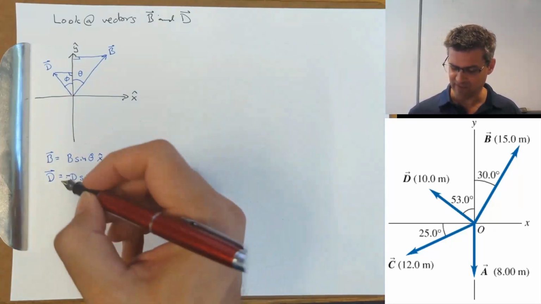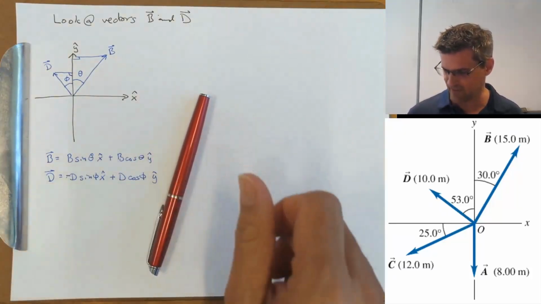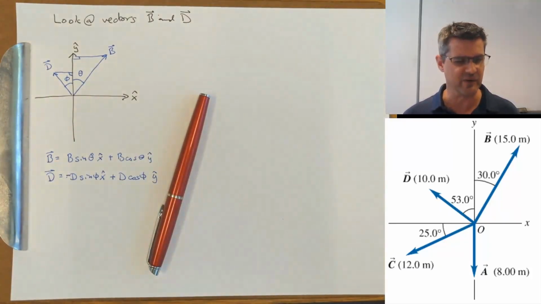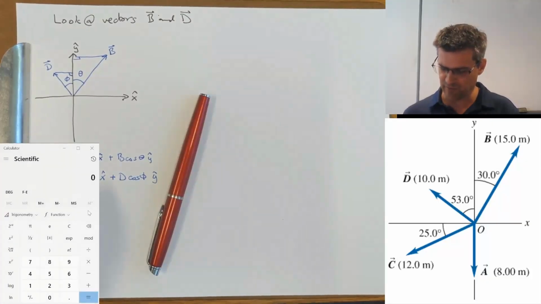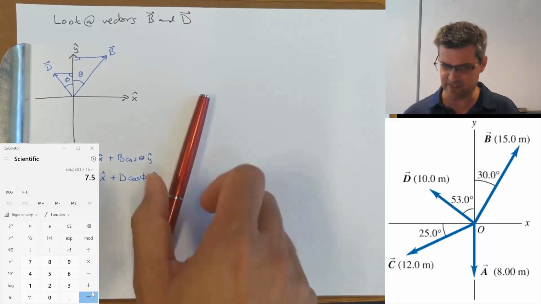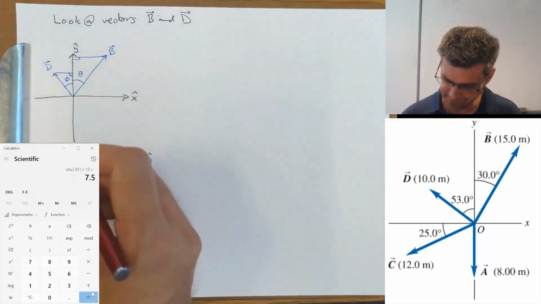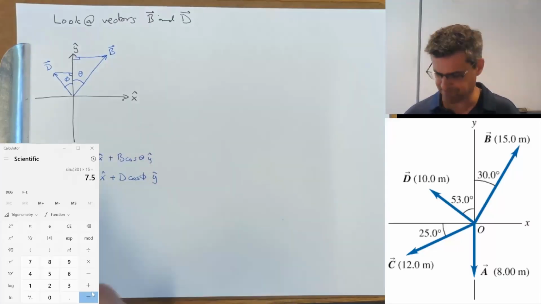Now how big are these different numbers? Let's pull up a calculator here quick. So we've got B sine theta, which is 30 sine times 15. So this is 7.5 meters.